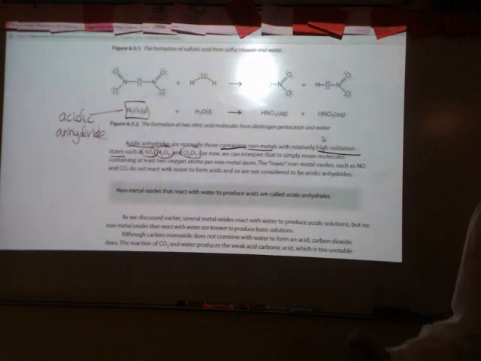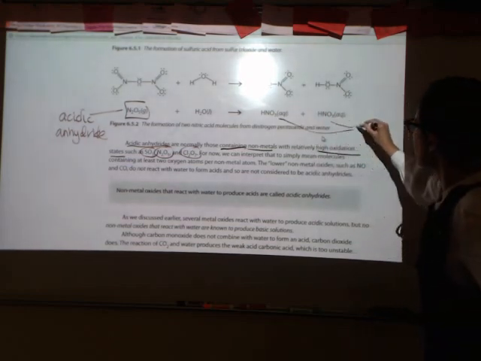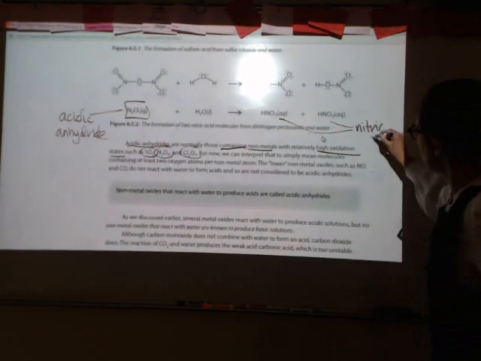And generally speaking, molecules that have at least 2 oxygen atoms per nonmetal are going to be these acidic anhydrides. So nonmetal oxides will react with water. They'll produce acids like here, I've got nitric acid. And that's why N2O5 is considered an acidic anhydride.